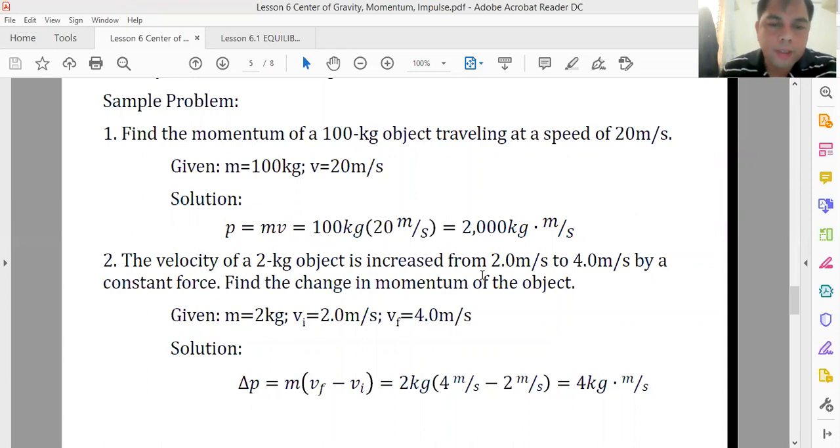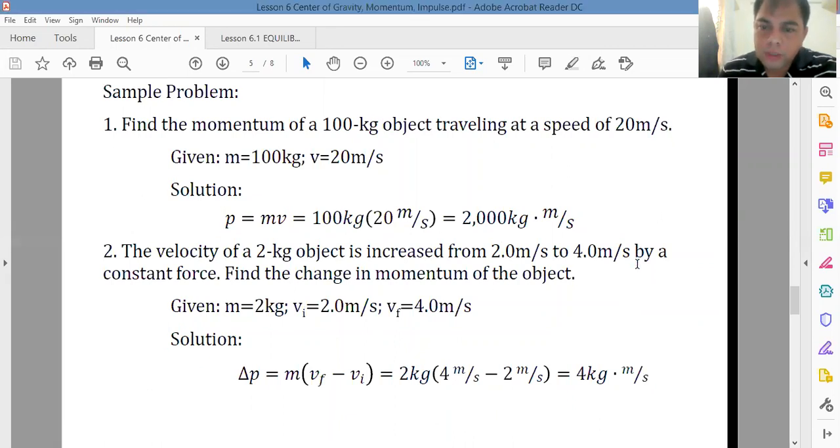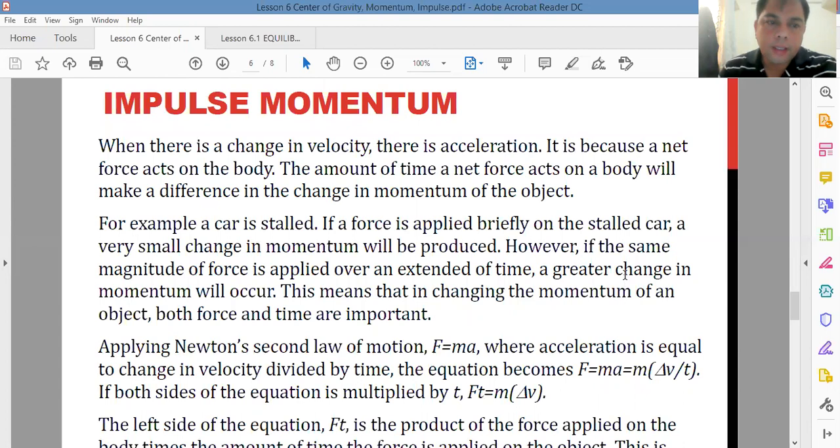But anyway, change in momentum. We have this symbol, delta P, this triangle beside the letter P. You can try these sample problems here. And then we go to what we call impulse.